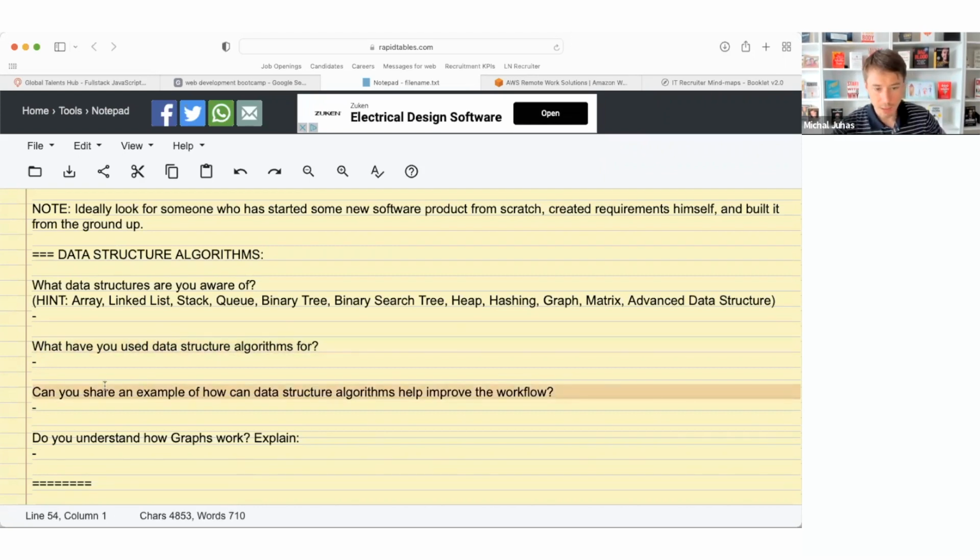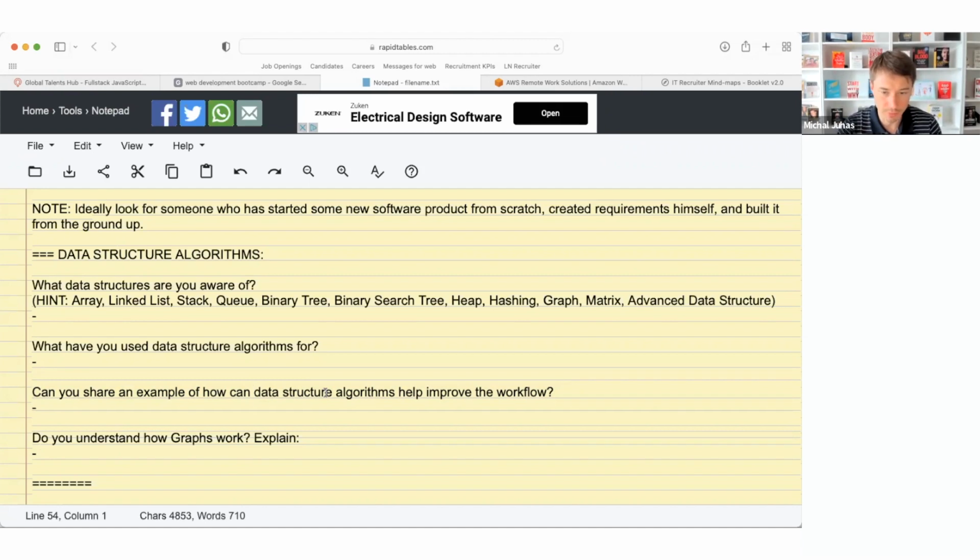Can you share an example of how data structure algorithms can help improve the workflow or the process? Because data structure algorithms are supposed to help navigate through data in a more efficient way.